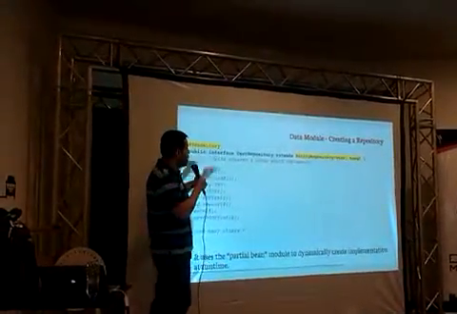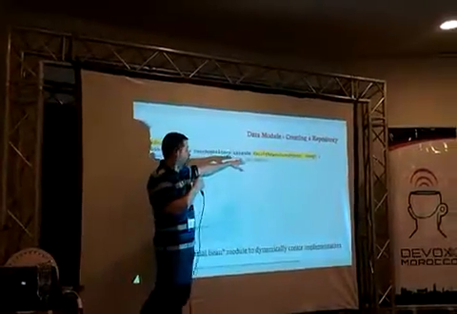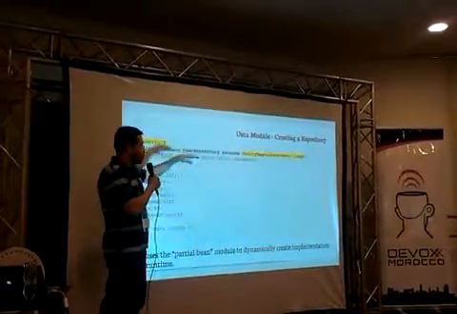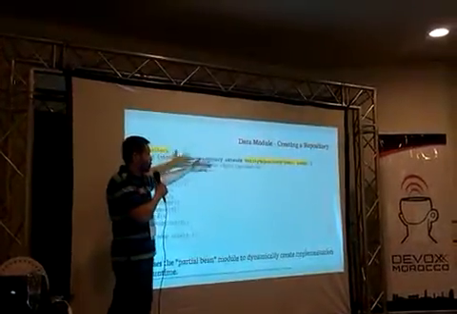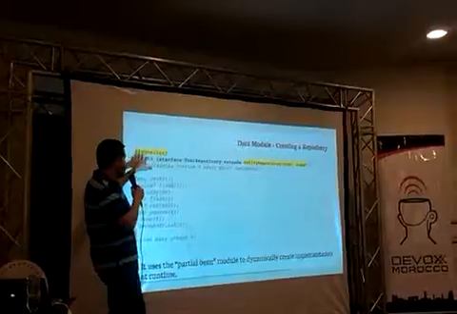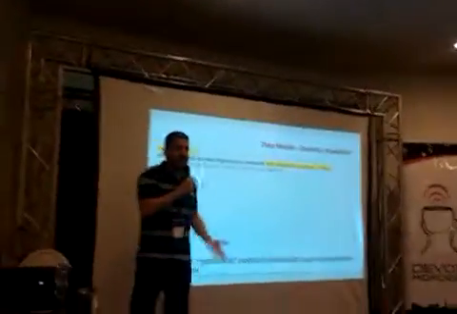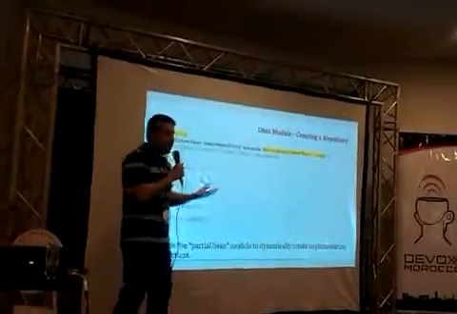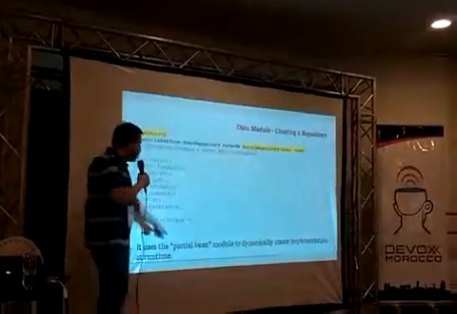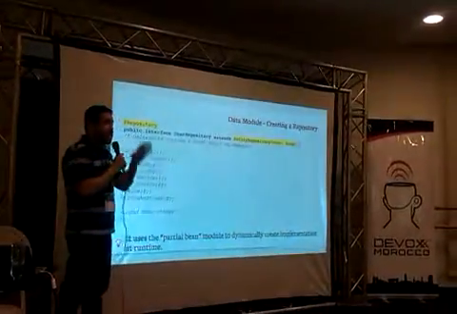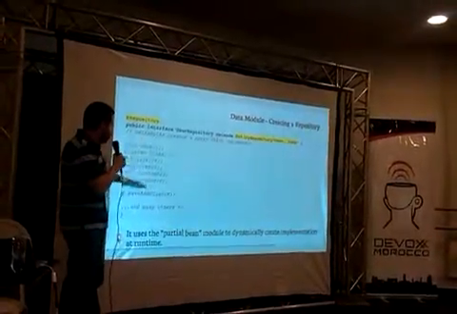You basically need to create an interface, extend the interface with the generic type, the user in this case, use the annotation Repository, and what will happen is that when CDI starts, when DeltaSpike starts, it will load this interface, use again the partial bean model, and automatically create the implementation for you of all these methods.